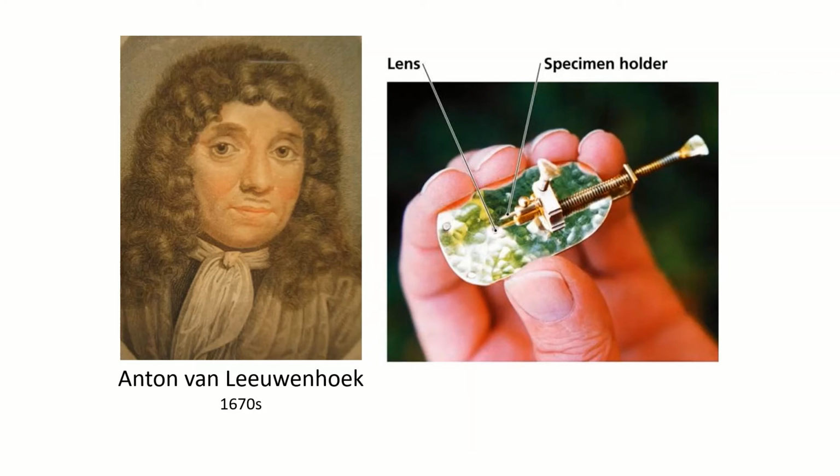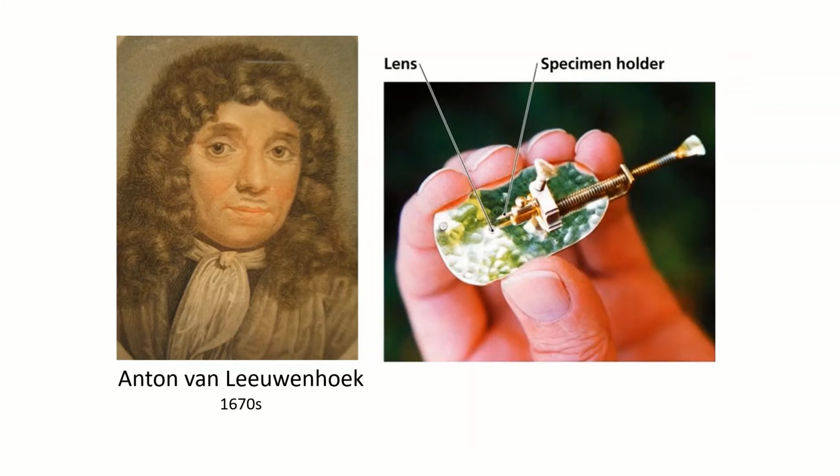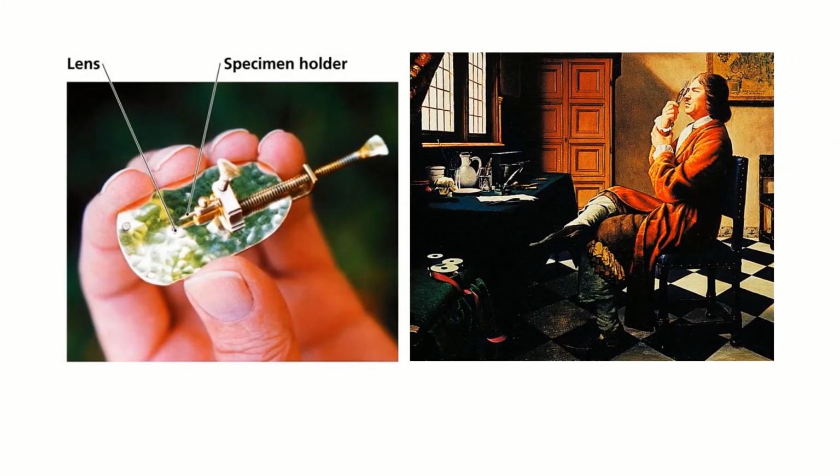And then there is a screw-like mechanism, and at the tip of the screw, the specimen is going to be placed to be viewed under the lens. So Leeuwenhoek would often bring this microscope near his eye, squint, and look through the lens to the specimen.